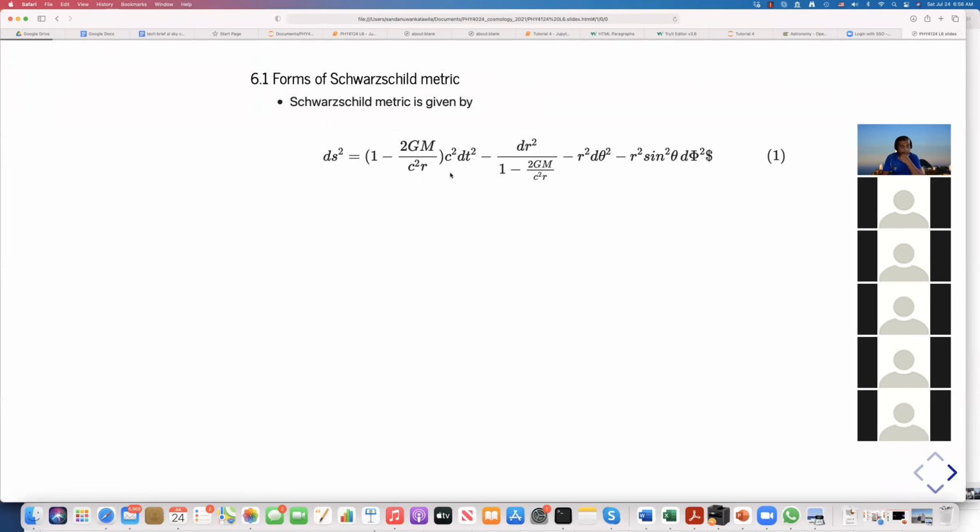You can see that this is the metric, as we have discussed for other situations what a metric is. It has the form (1 − 2GM/c²r) times c² for the time component, and for the spatial components r, theta, and phi, you have dr² over (1 − 2GM/c²r), and then r² dθ² plus r² sin²θ dφ², right?